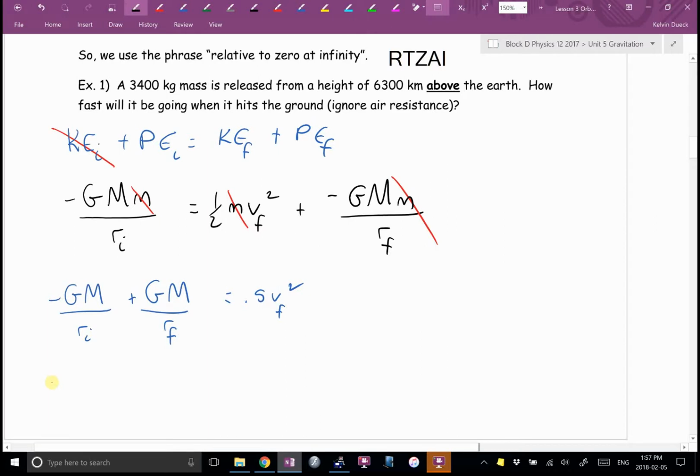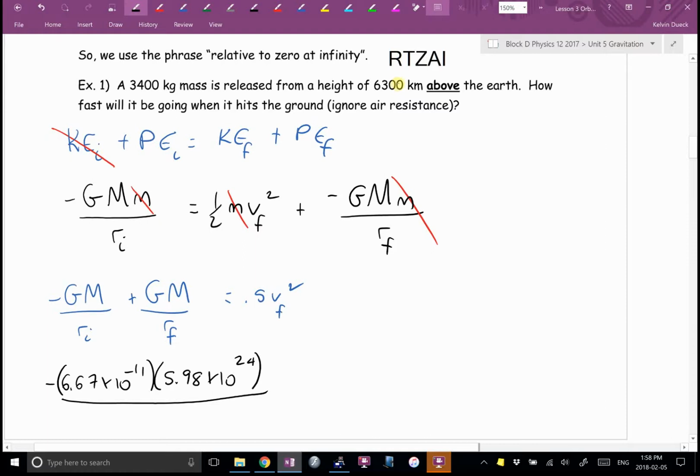I get negative 6.67 times 10 to the negative 11, 5.98 times 10 to the 24th. The planet is what does not cancel. Our initial: where are we starting? 6,300 kilometers.